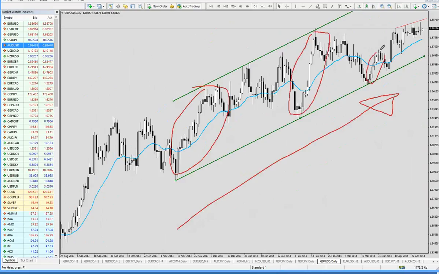Oops, we lost some momentum. Of course, we made the breakout and we are trying to go higher here, but I wouldn't say we have plenty of momentum yet.